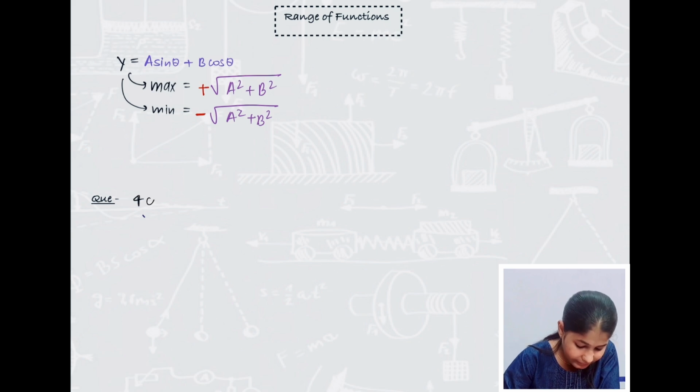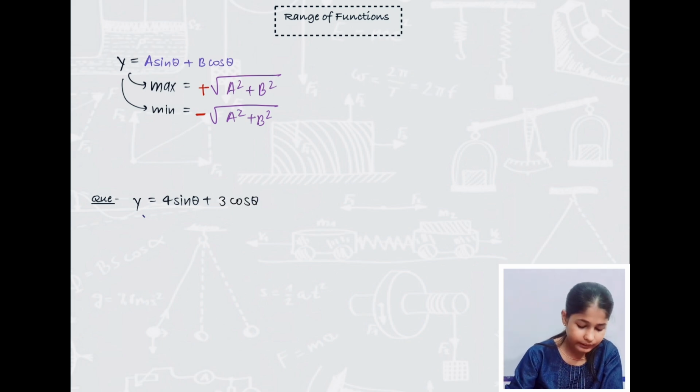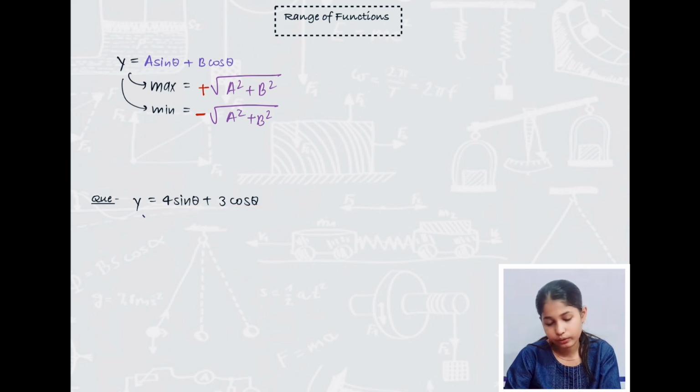For example, it is given y is equal to 4 sin theta plus 3 cos theta. You have to find out the minimum range and maximum range of this function.